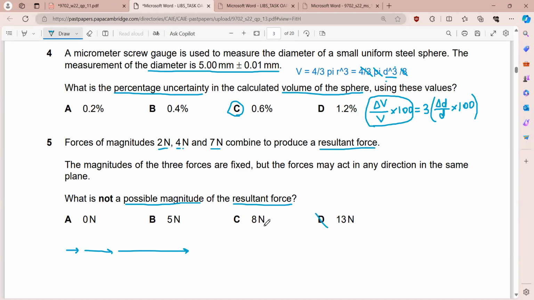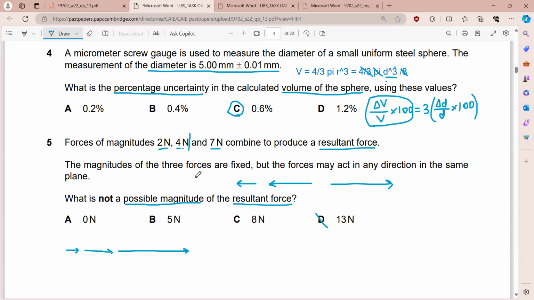Then let's look at minimum. The minimum value of the resultant force. Obviously, you'll have to group 2 together to get you a minimum. And since 7 is the greatest value, you'll have 7 in one direction and the other 2 in another direction to give you the minimum value of force, right? Hopefully you can understand what I'm saying.